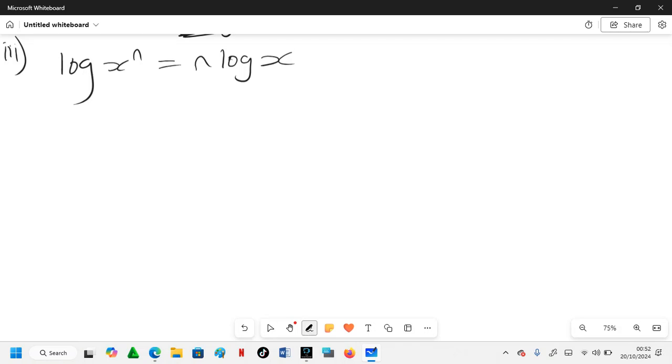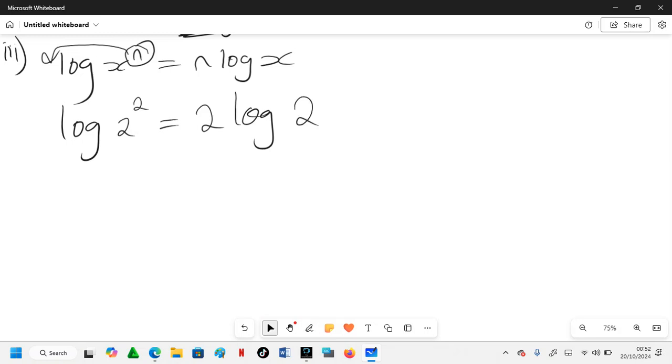If you have a log of x raised to a certain power, you can just drop the power back there. Like say if you're looking for the log of 2 to power 2, it is the same as 2 log 2. So log 2, we know it is 0.3010, times 2.